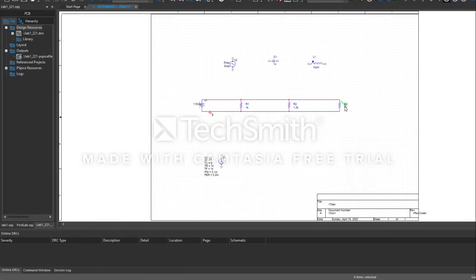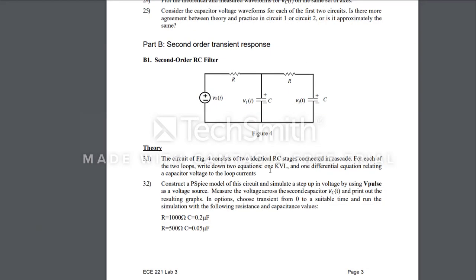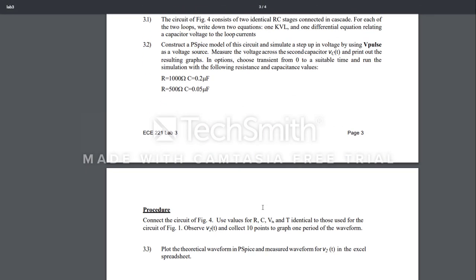Don't forget to put the scopes, and then run the simulation as described here. And you may also want to watch the introductory video from week 1 about PSpice, and just run the simulation and get the results.